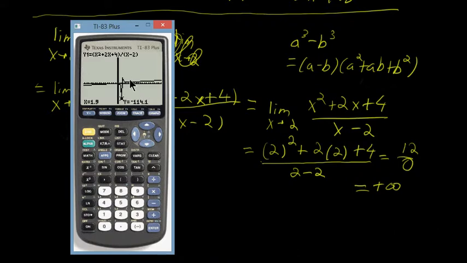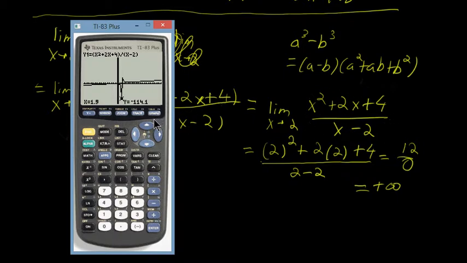Okay, so I reset the window here so I could illustrate the point I'm trying to make. So here we have the graph of x squared plus 2x plus 4 over x minus 2. And that's what we're looking at, the limit as x tends to 2.